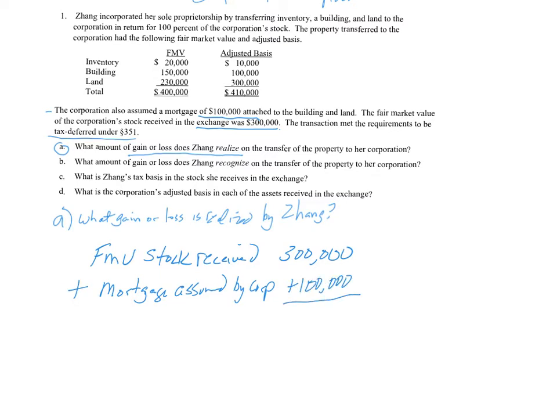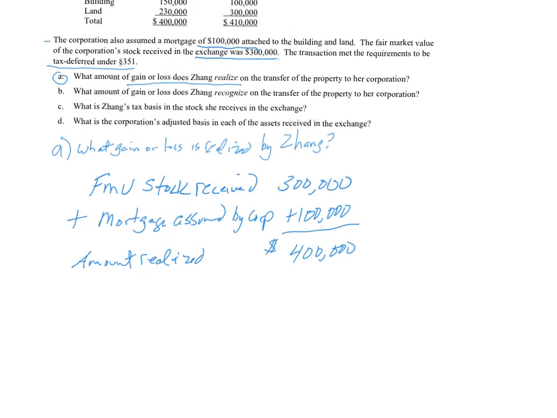All right, so amount realized is $400. So what did she realize? She realized $400, but that is not what the question asked for. The question was more specific. The question asked for what amount of gain or loss did she realize?